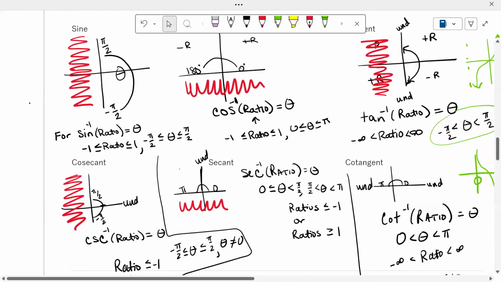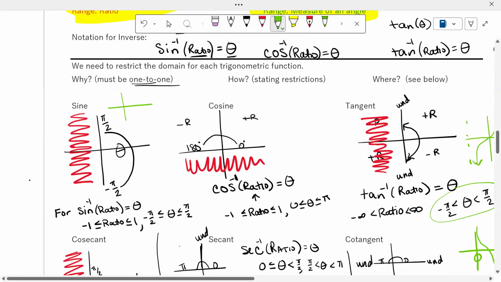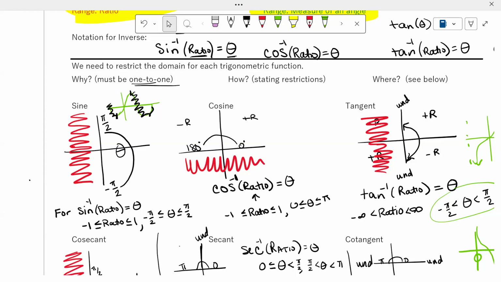Now, the sine function looks like this, so to keep our one-to-oneness, we have to slice here to here. Can't include any of that or any of that because then you have duplicate x's for each y, right? So we would slice it and go from negative pi over 2 to positive pi over 2.